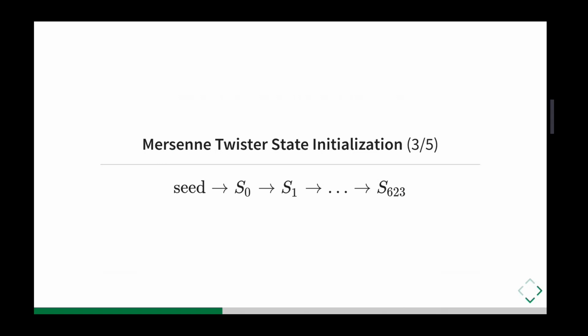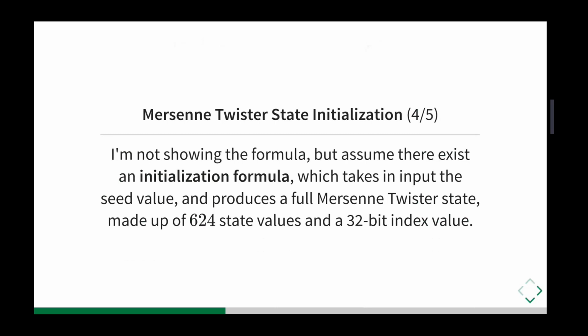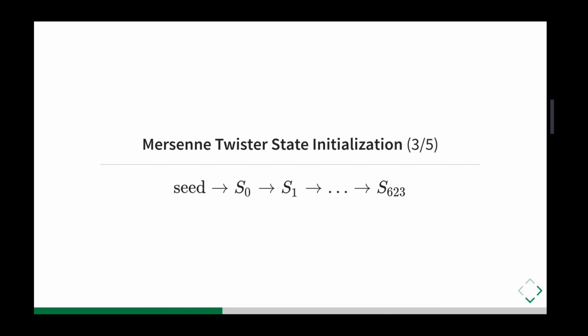Again, I'm not showing the formula of how this works, because there's some shift, some XOR, but just remember this thing. Later I will briefly show the formula, but that's not the important thing. The important thing is to understand the dynamics of the initialization. So assume there exists an initialization formula which takes an input seed value and produces a full Mersenne Twister state. Now, the full Mersenne Twister state is made up of the state values and also the index. So here I show you how the state values are actually made up.